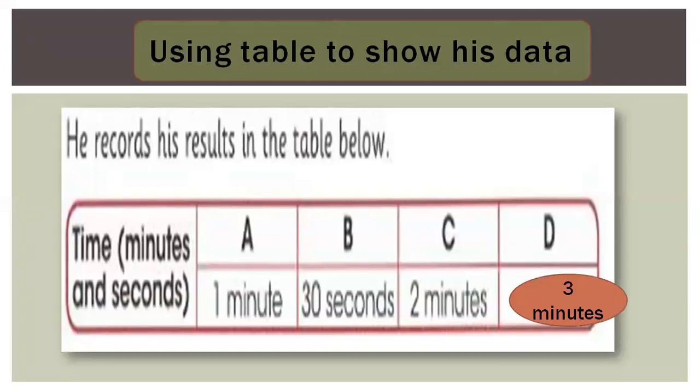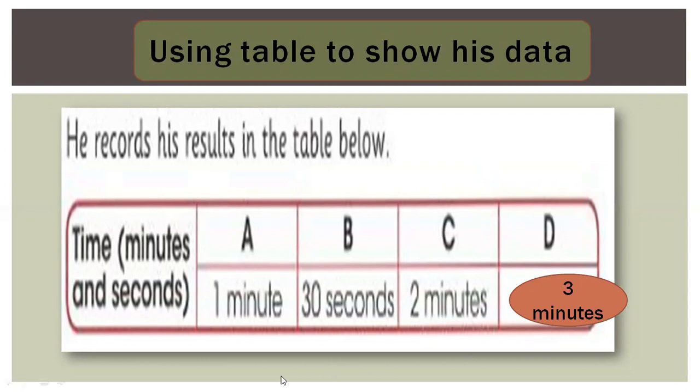D is 3 minutes. So write in your table in the book 3 minutes. So these are different time periods that he noticed that his brother can hold the ball in the air. Here we are measuring times in minutes and seconds.